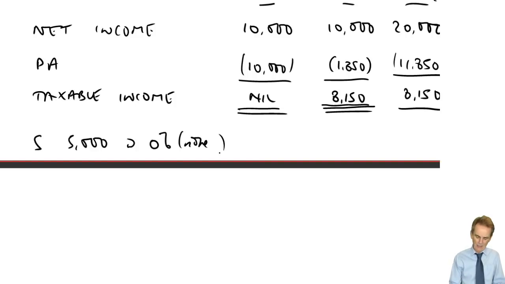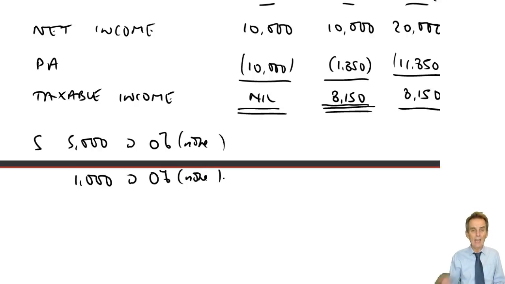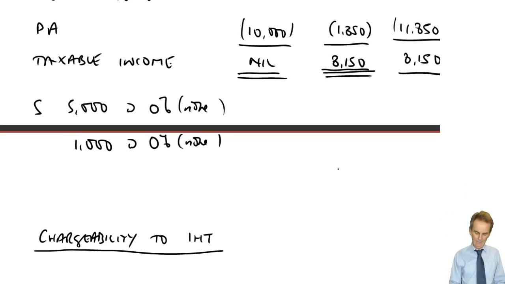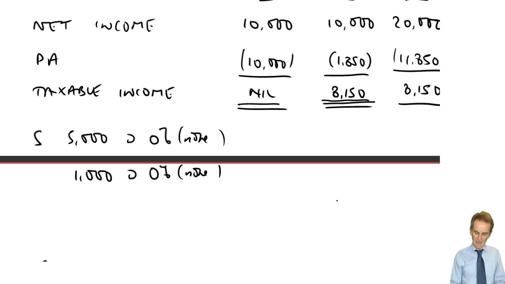We are, of course, a basic rate taxpayer, so then we get the 1,000 savings income nil rate band at 0%. A note, if necessary, saying, as a basic rate taxpayer, qualifies for the £1,000 level of savings income nil rate band. What does that leave, therefore?